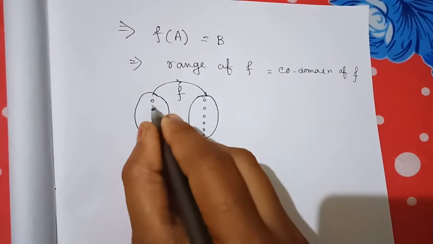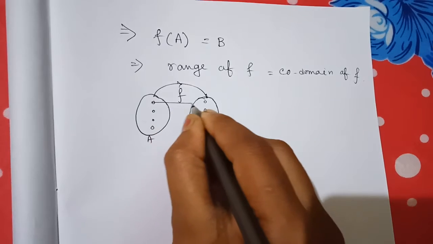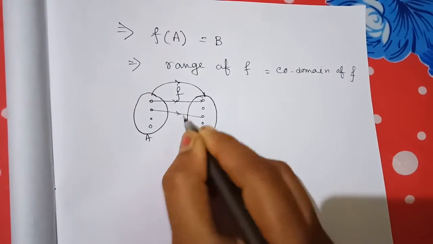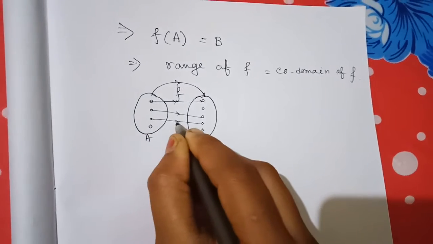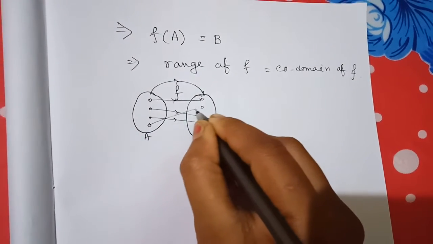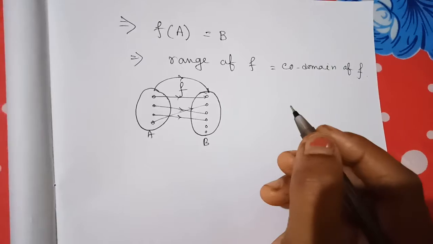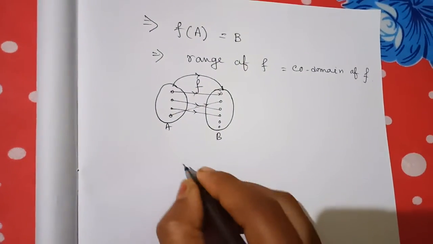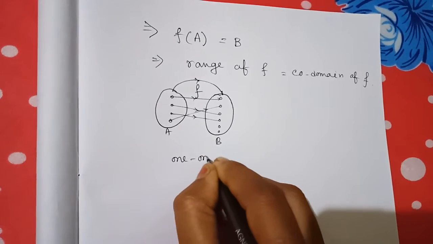Suppose these are related like this, to this, to this, to this, and this one to this one. This is obviously one-one.